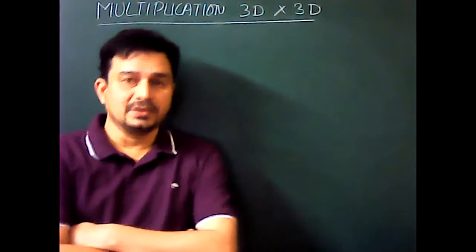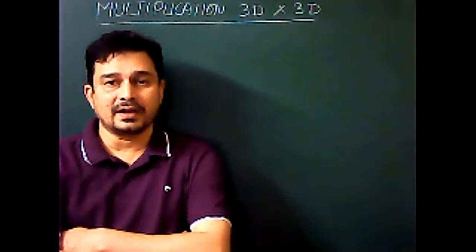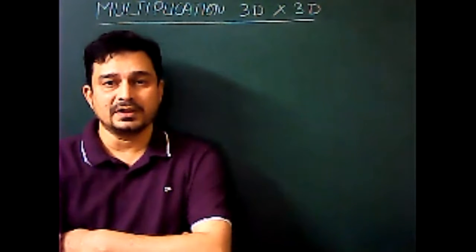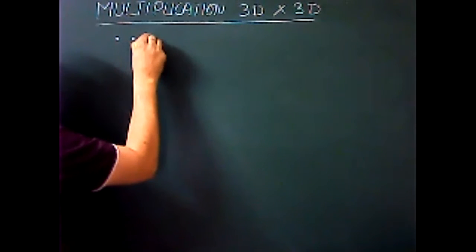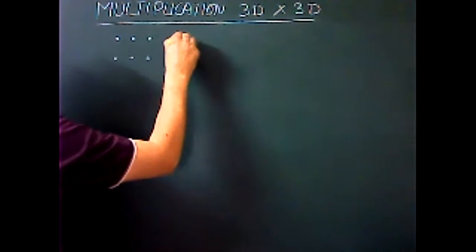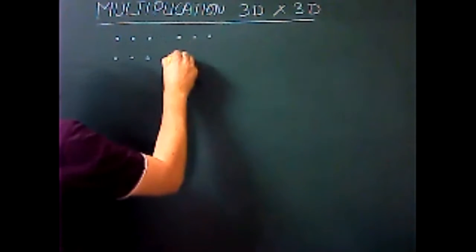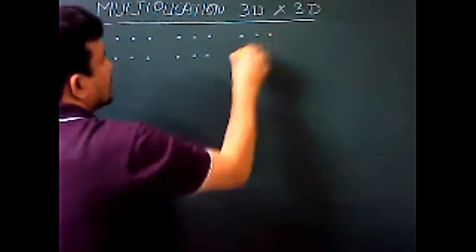So the next technique is multiplication 3 digit by 3 digit. In this technique, the answer comes in 5 easy steps. Let us revise those 5 steps. We know very well these dots represent the digits.